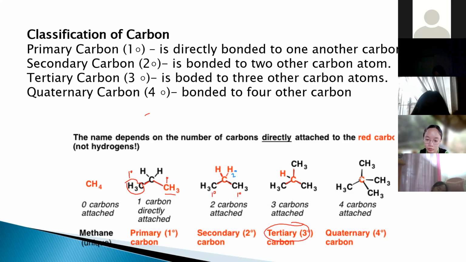And for quaternary carbon class, 4 na carbon yung naka-attach like this one. 1, 2, 3, and 4. So this one at the center, this is called a quaternary carbon. Now the rest, primary carbon na lang sila. We call them primary carbon kasi isang attachment lang naman yan. Isang carbon lang din ang naka-attach sa kanila. Ang center lang yung tinatawag na quaternary carbon.